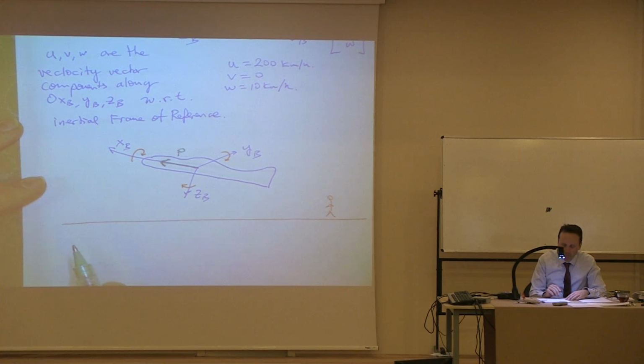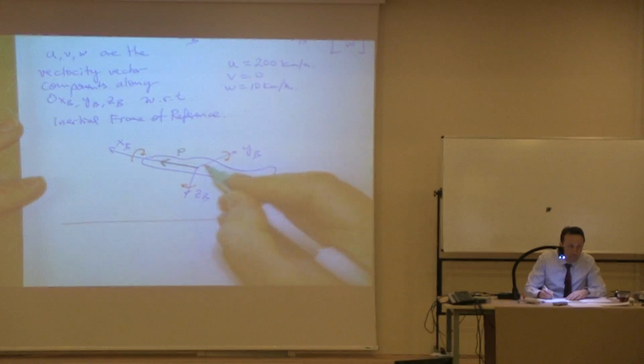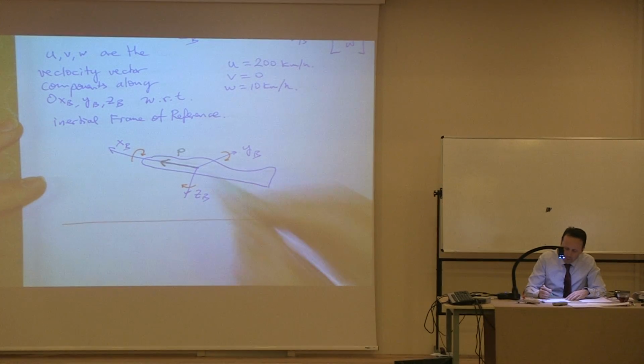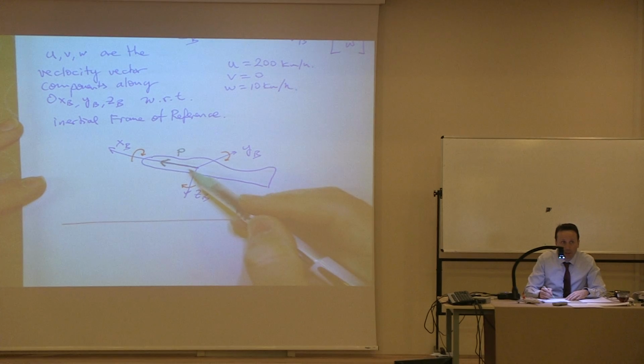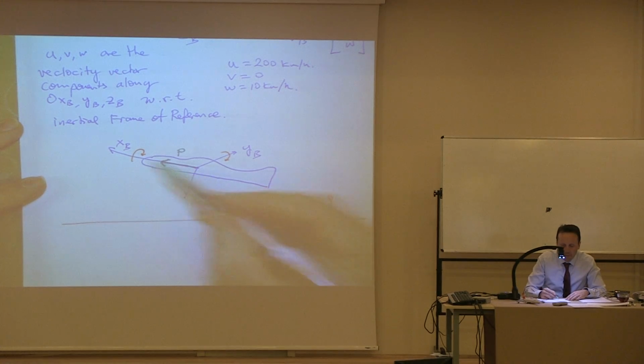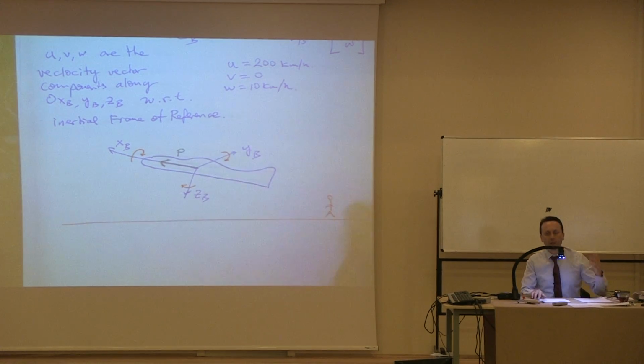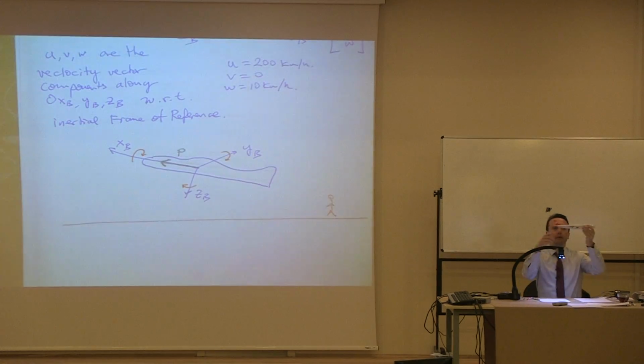Okay? The rotation around x body you understand, right? So, how do I show this as a vector?